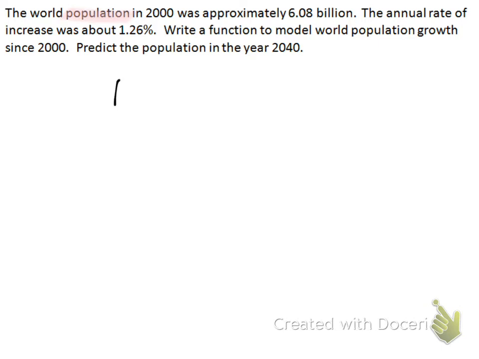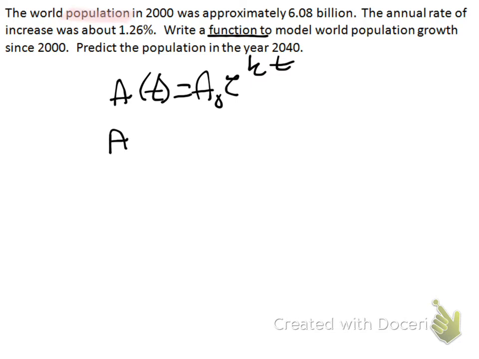We are using A of t equals A naught e to the kt, where A naught is my original or my initial value, e is in my calculator, k is my rate, t is the time in years. So first things first, it wants us to write a function for this in particular. So first let's do A of t.